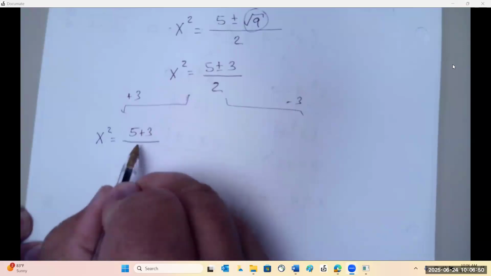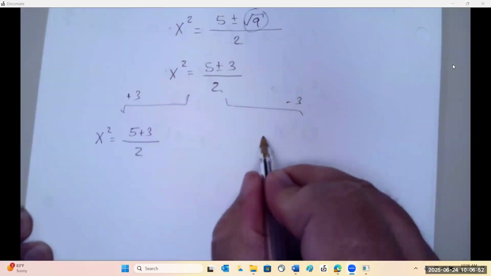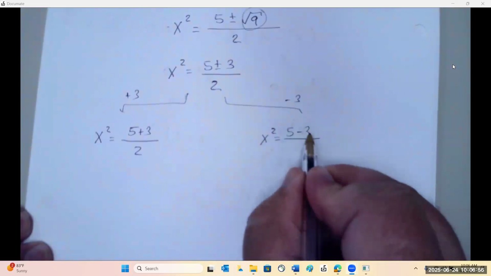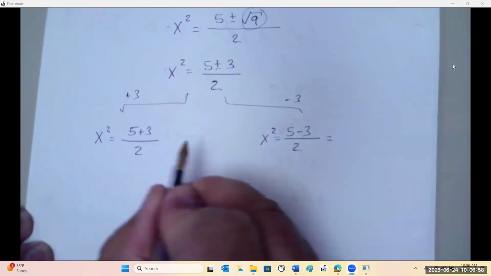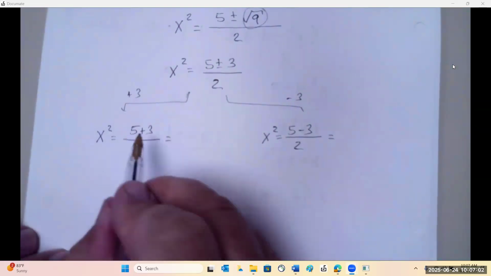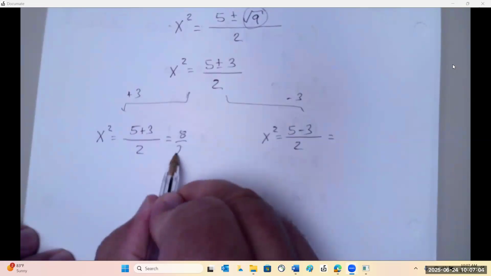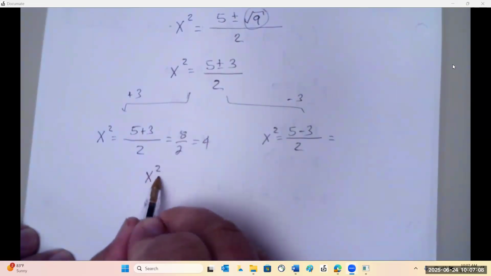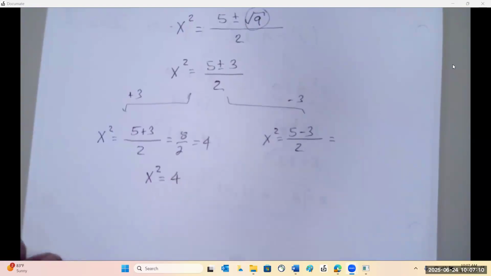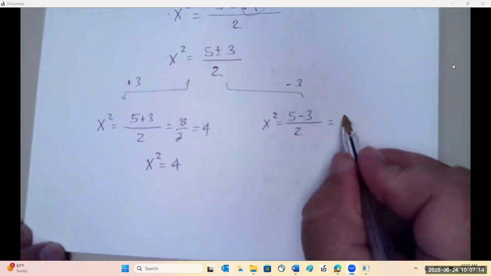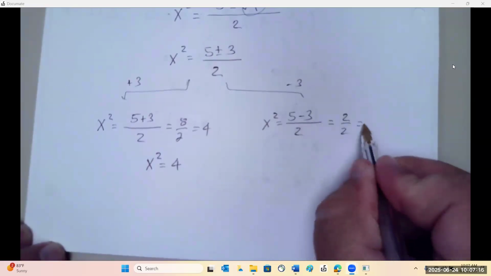5 plus 3 over 2. 5 minus 3 over 2. 5 plus 3 is 8. Over 2 is 4. So x squared equals 4. 5 minus 3 is 2. Over 2 is 1.